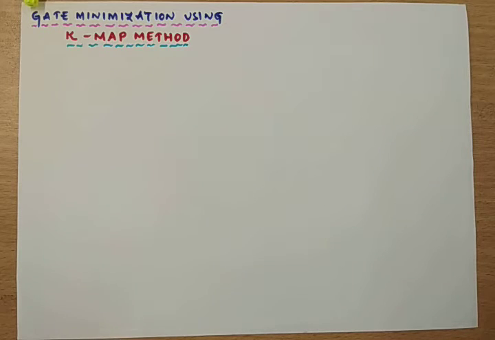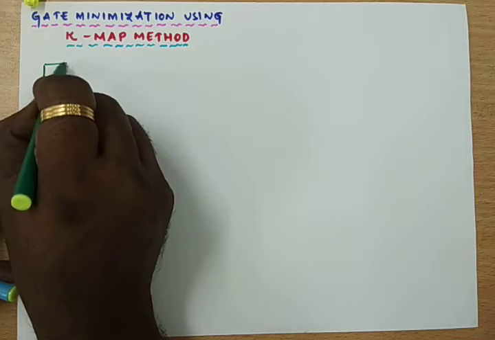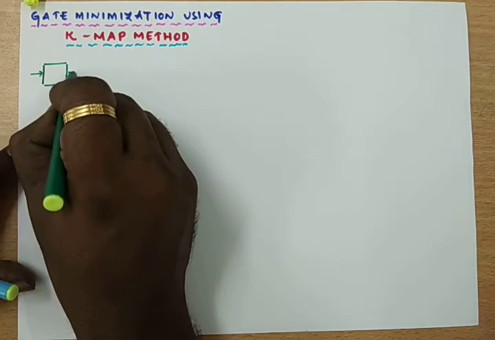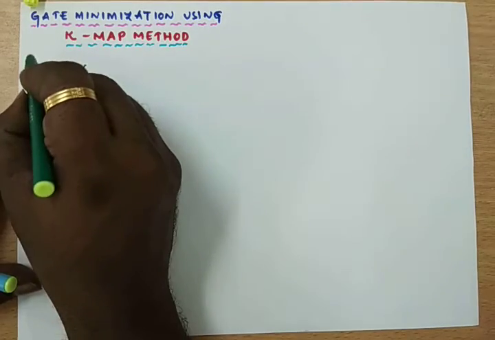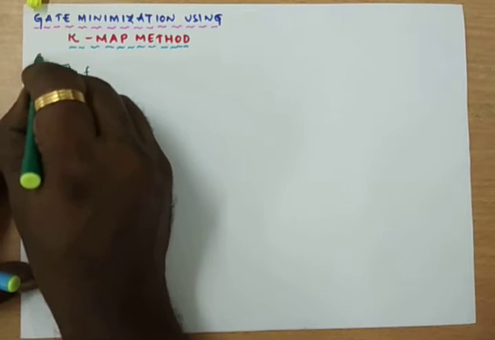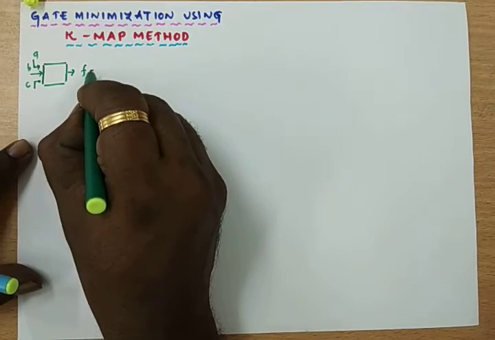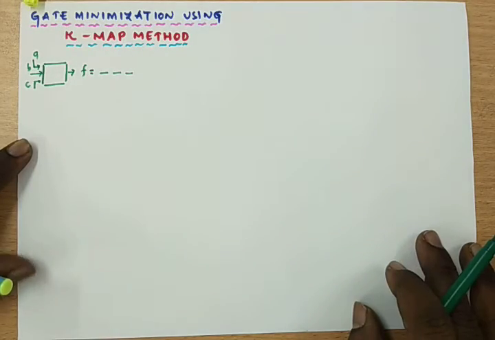For example, assume that I am having a digital system whose output is F. The inputs are A, B, C. Due to these three inputs, it delivers some particular output, that may be sum of product or product of sum.